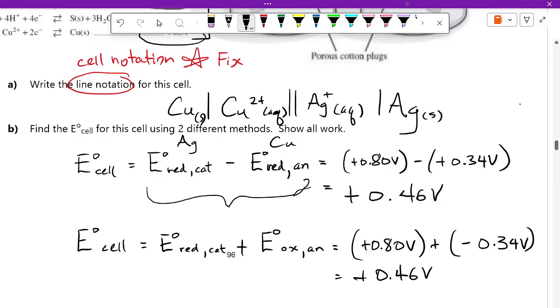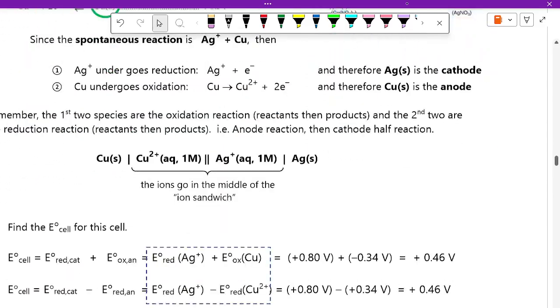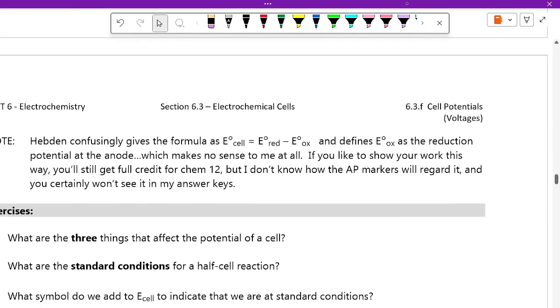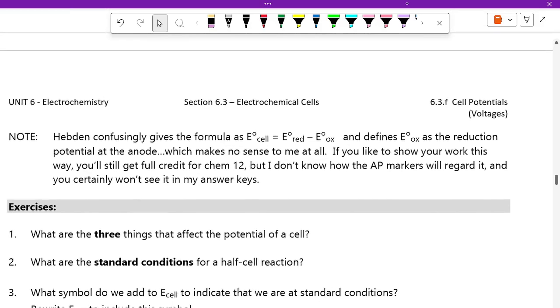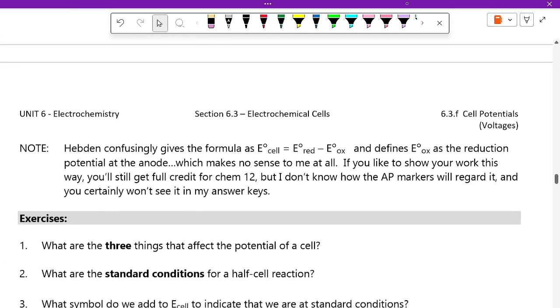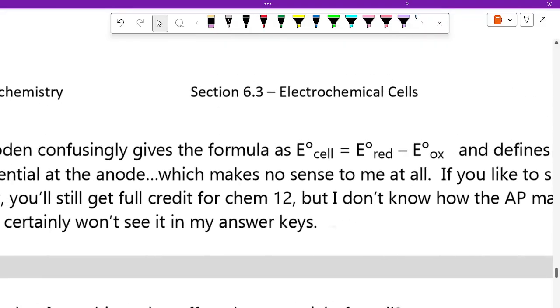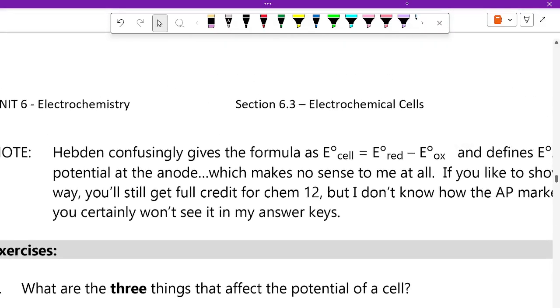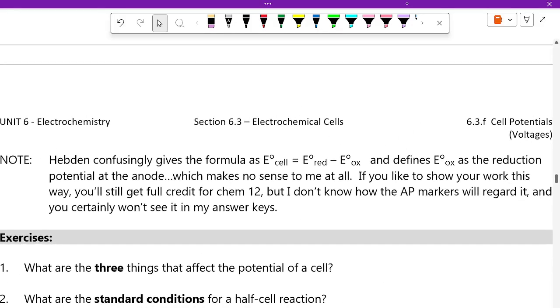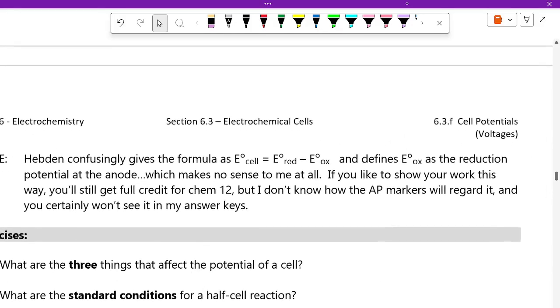Okay. And so this just gives you the answer. And then Hebden, should you use Hebden? Hebden makes me so mad because it gives the formula as E naught cell equals E naught reduction minus E naught oxidation, and defines E naught oxidation as the reduction potential at the anode.